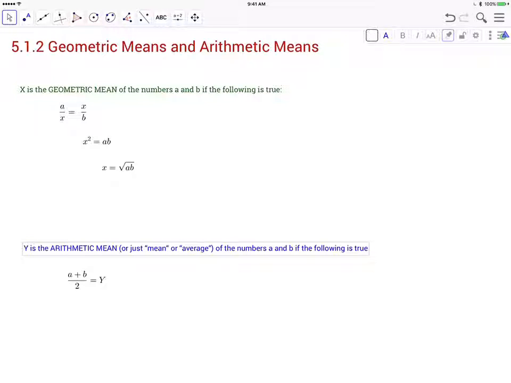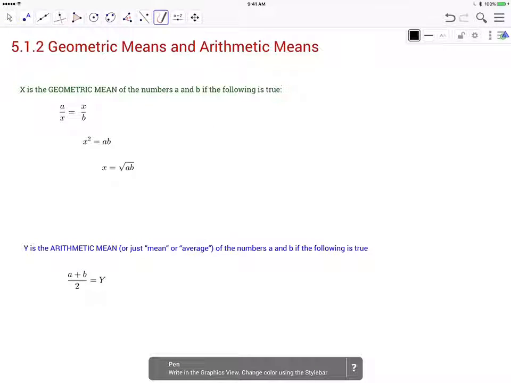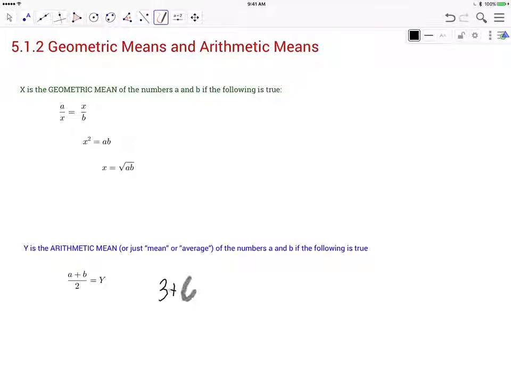And if you take two numbers, for instance, 3 and 6, if I'm looking for the average of 3 and 6 over 2, I end up with 9 over 2, or 4.5.